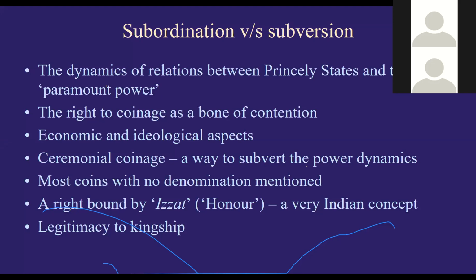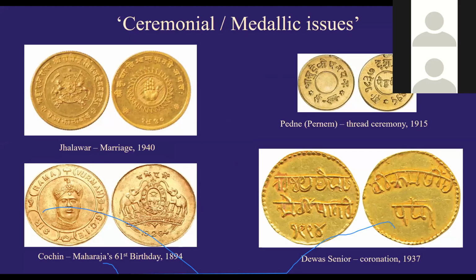The essence of this concept of honor can be seen in a lot of these coin designs. So from a study perspective, and from the viewpoint of looking at the legitimacy of the kingship of these Maharajas, the coins become very important documents to study, because they are interestingly embedded into these wider concepts of izzat and decorum.